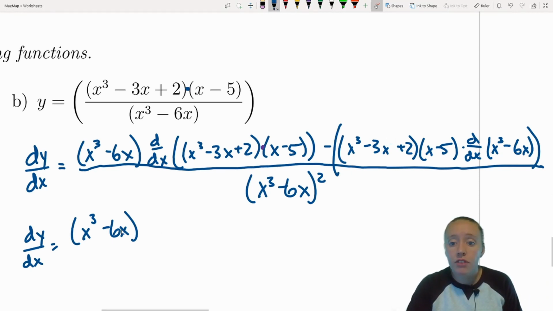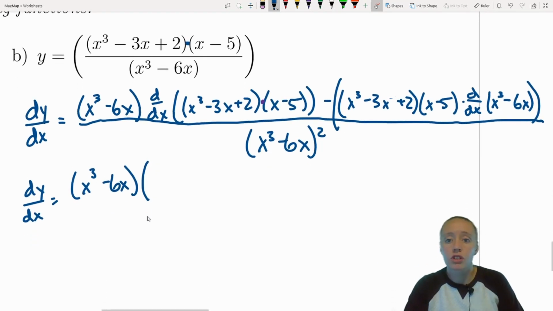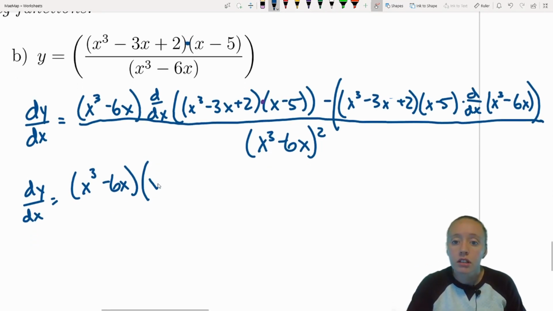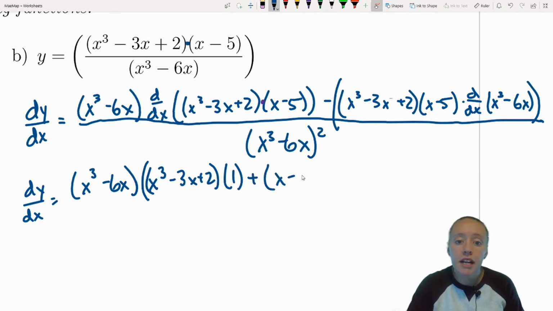So we're going to have our lower function times the derivative of our numerator, which is going to be first, x cubed minus 3x plus 2, times the derivative of our second, which is going to be 1, plus second, x minus 5, times the derivative of that first, which is going to be 3x squared minus 3.